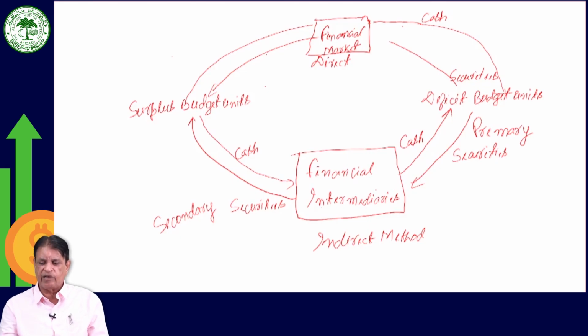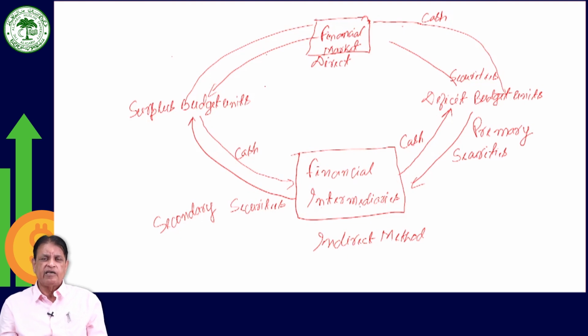The bank has given a crop loan to a farmer. This farmer is the ultimate user of the fund. The farmer is a deficit budget unit, but this crop loan is quite risky. So what the financial intermediary is actually doing is issuing less risky securities to the surplus budget unit and purchasing more risky securities from the deficit budget units.